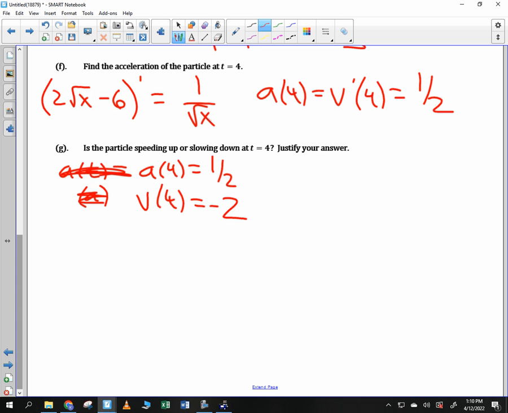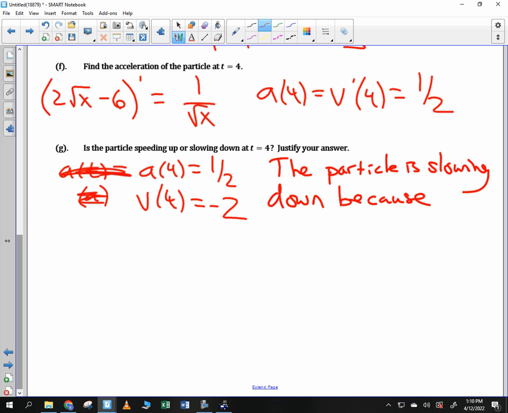So is the particle speeding up or slowing down? The particle is slowing down because v of 4 and a of 4 are different signs.